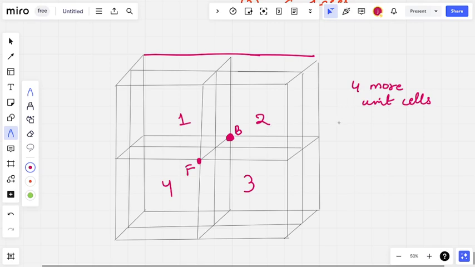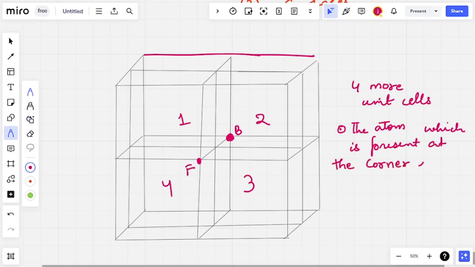So note it down, the atom which is present at the corner is shared between 8 unit cells.